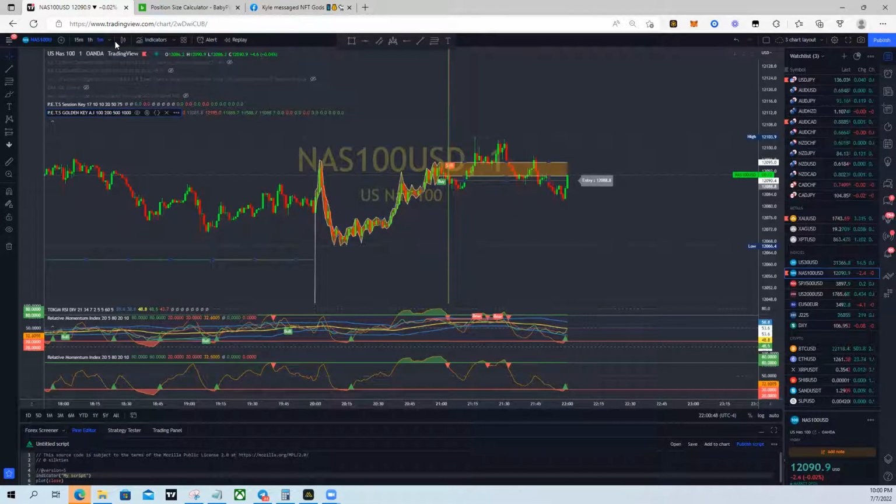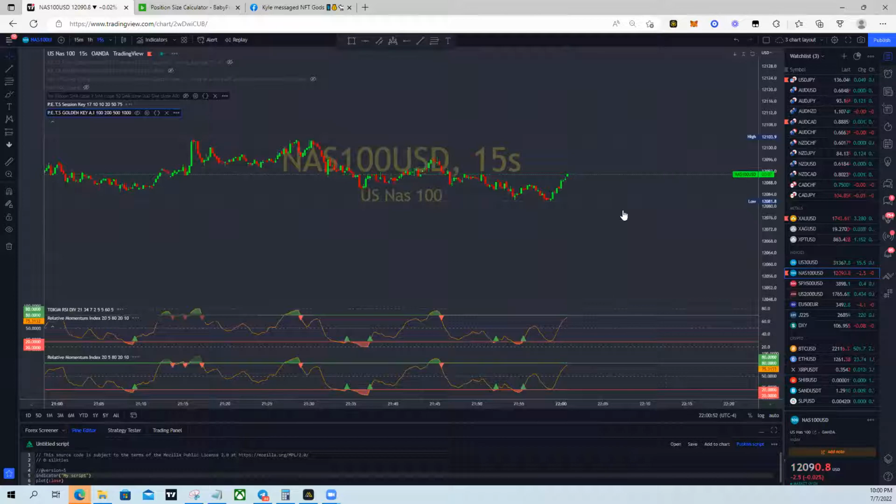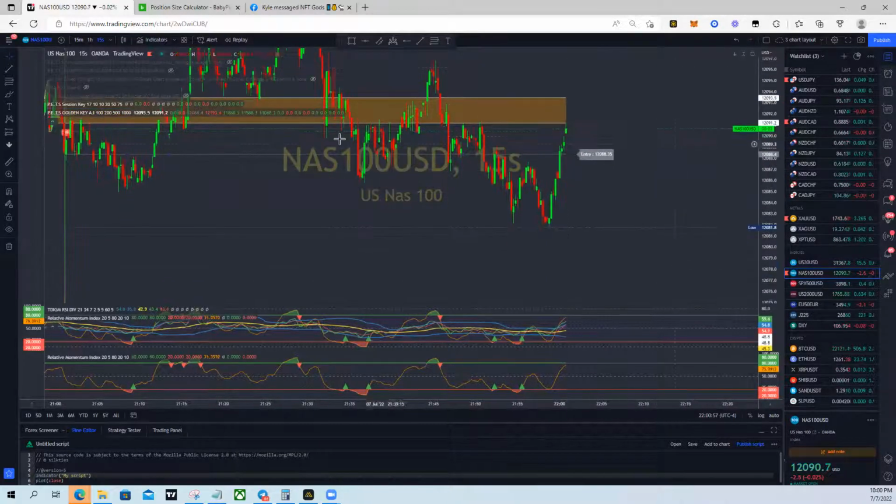See if we can get in the zone for the sell. We missed the first one. This is NASDAQ on the 15-second chart. Now, ultimately, we're looking for a sell below the zone. We're below the zone.